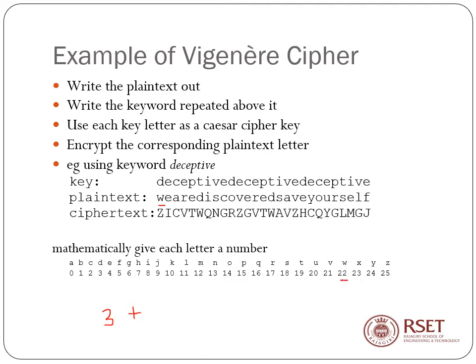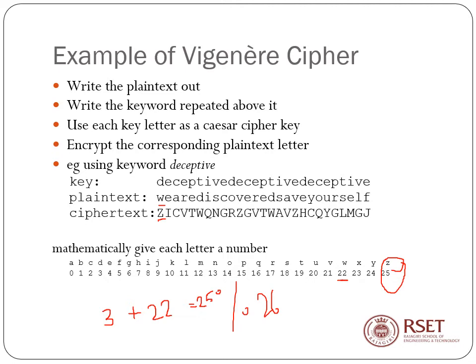W is 22. This is simple substitution. So what is 22 plus 3? 22 plus 3 is 25. Remember, I have to do a modulus operation. What is 25 mod 26? It is 25 itself. What is the character corresponding to 25? Z. So look, I have substituted it with Z.